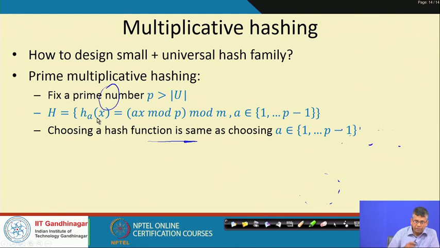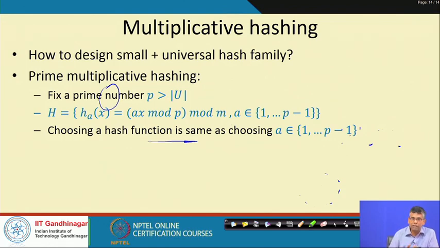The function h_a is defined as, given any such input x, first you calculate the product a times x, then you take the modulus of p. What does that give me? That gives me the remainder of a times x when divided by p. So, first you calculate ax mod p, and then you take the mod m of that, basically the remainder of that when divided by m.